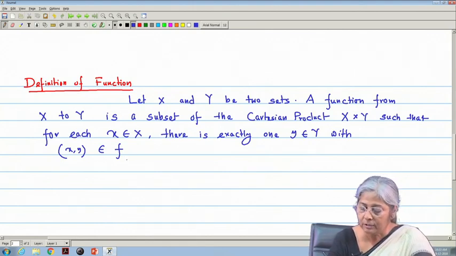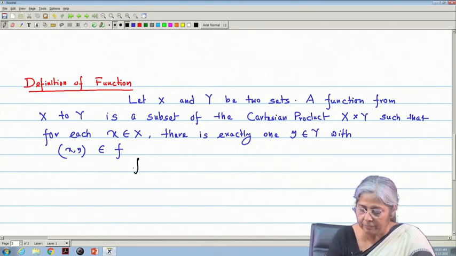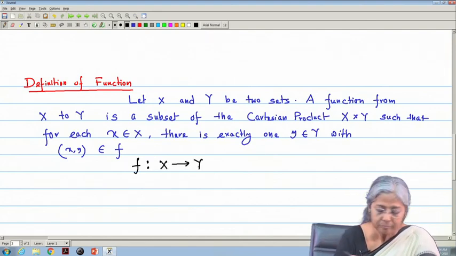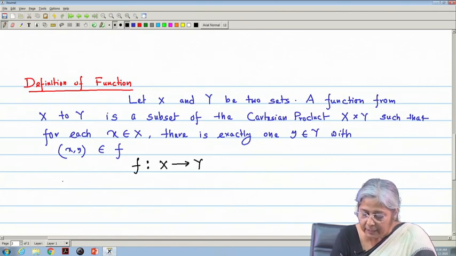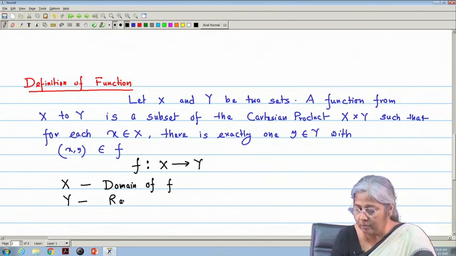Normally, we denote the function like f: x to y. This is my function, and here x is called the domain of the function f, and y is called the range of function f.